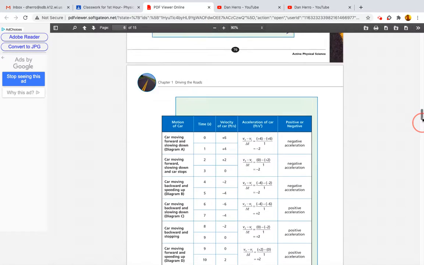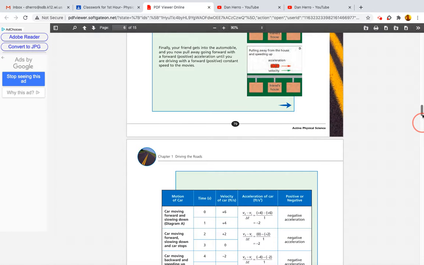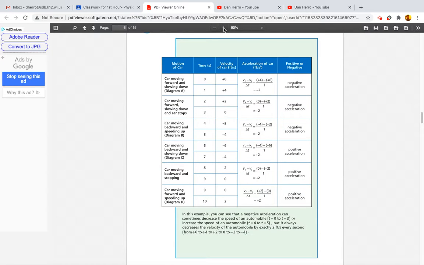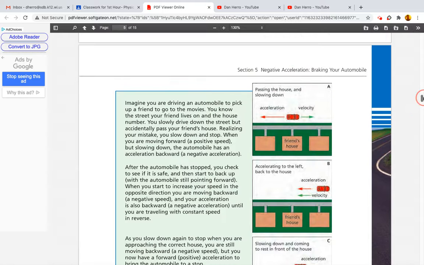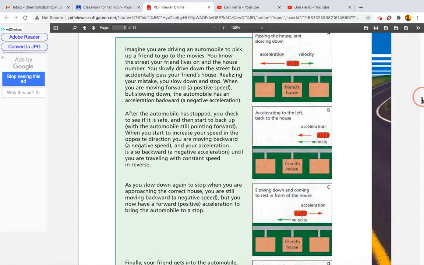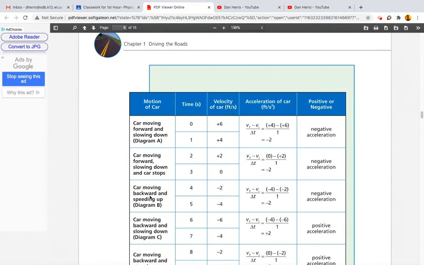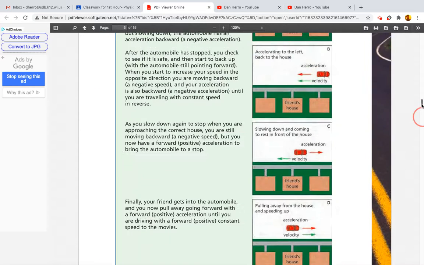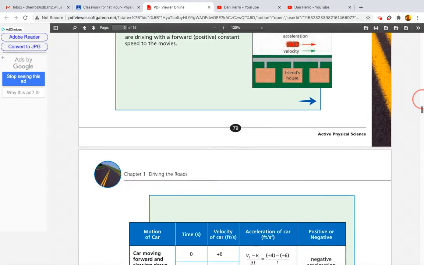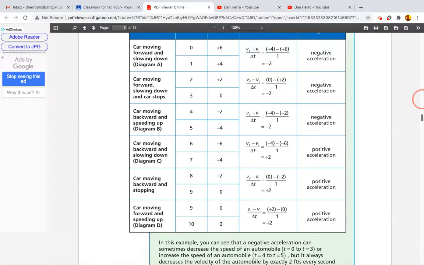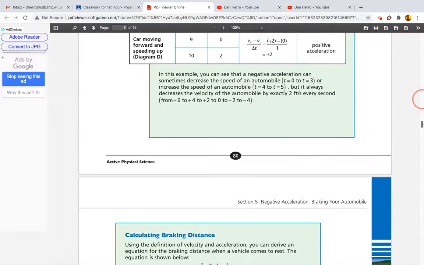When you're looking at the PDF, which you have in your Google Classroom, diagram A corresponds to this, and diagram B corresponds to this diagram. So just when you're referencing that for yourself, that's how you're going to reference it, and that way you can scroll up and down at your own pace.